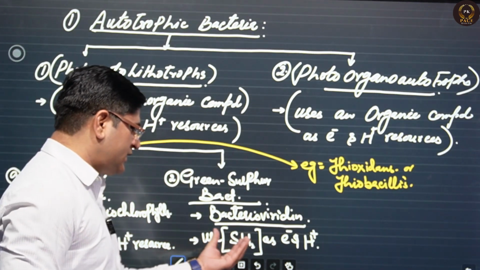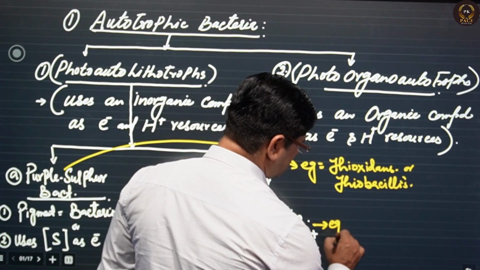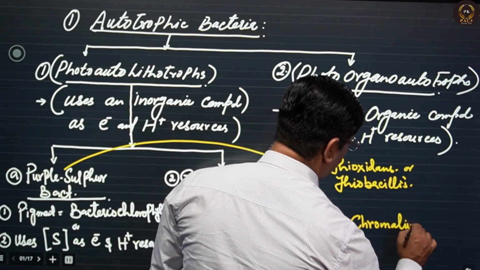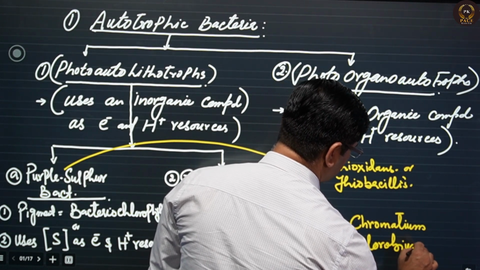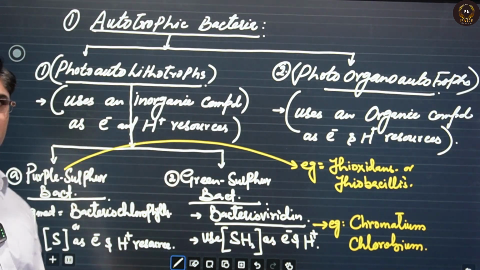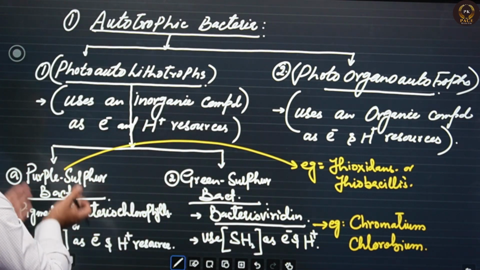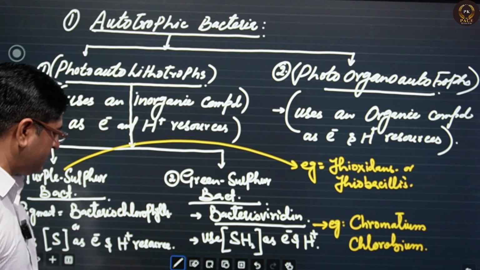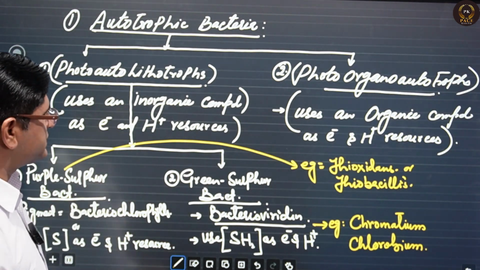Similarly, green sulfur bacteria are the examples like Chromatium and Chlorobium. These are the examples of this category of bacteria. Okay, so remember these examples with the concept clarity of purple sulfur and green sulfur bacteria. What is the difference in their pigment? What is the difference in their electron proton resources? Okay, hope you understand this.